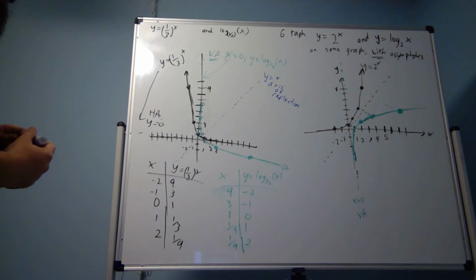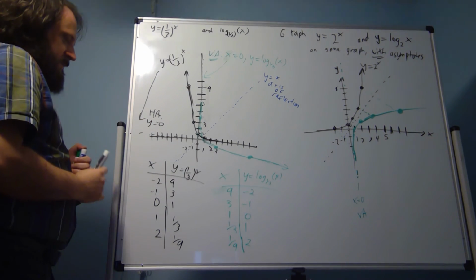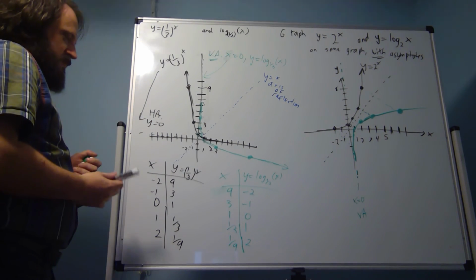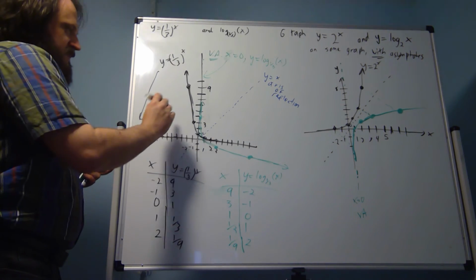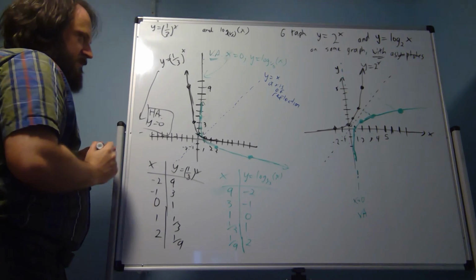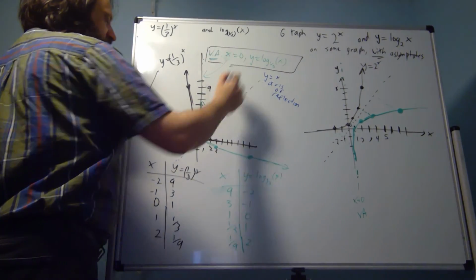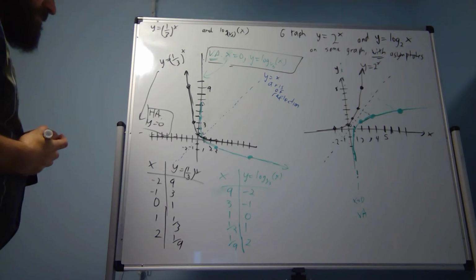A very good starting point is that no matter whether the base is bigger than 1 or less than 1, you still have the exponential function with this horizontal asymptote in all cases, and then the logarithm has this vertical asymptote no matter what.